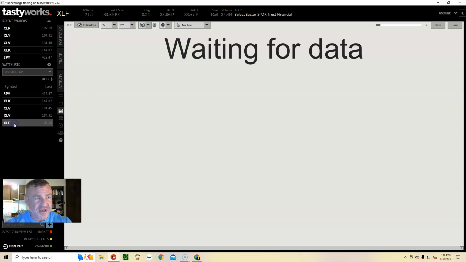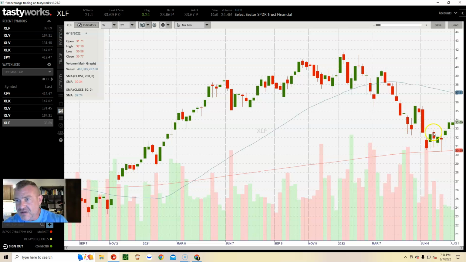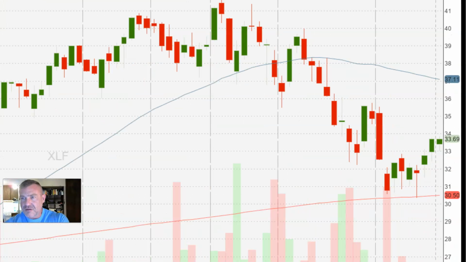Let's take a look at the financials through XLF. I see a similar pattern going on here, right? There's a bit of indecision. There's not a strong amount of bullishness. There's not a strong amount of bearishness.